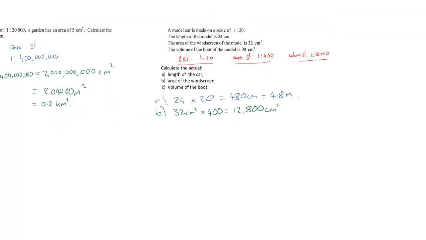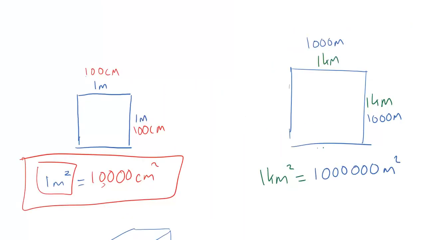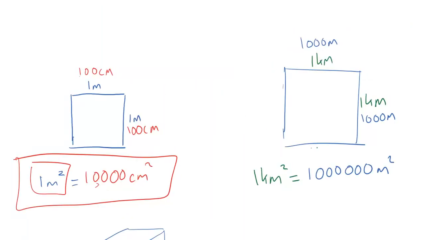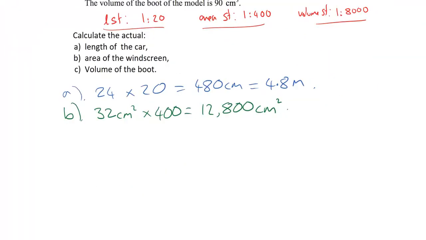Let's just refer again to our picture. If we have that amount of centimeters squared, I'll need to divide it through by 10,000 to get it into meters squared. So that's taking off 4 zeros. That's going to be 1.28 meters squared. Okay, hope that made sense. Let's carry on. Big finish.